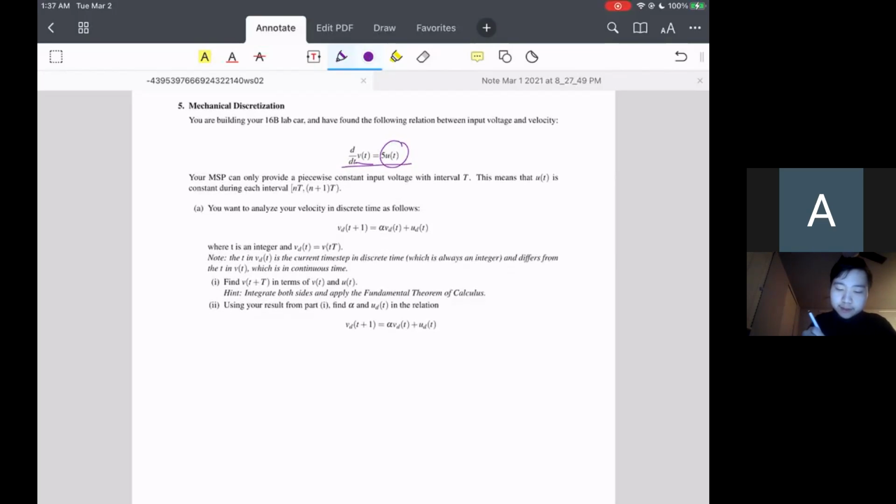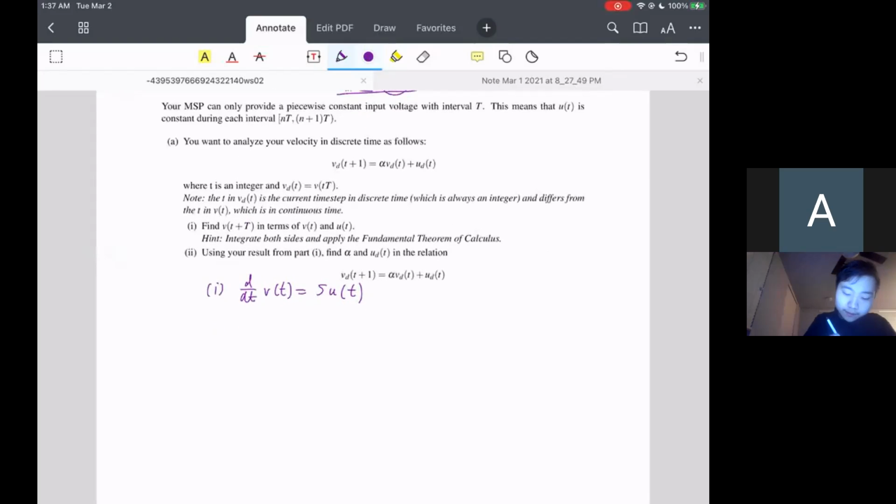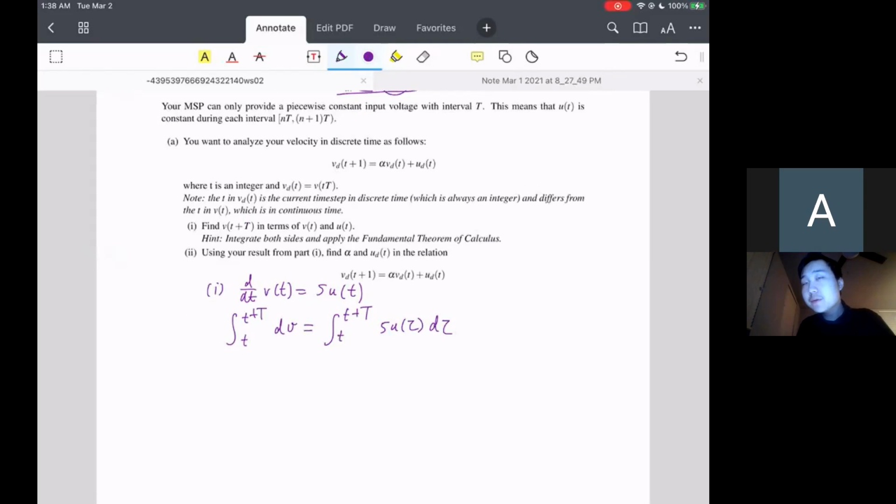So we integrate both sides to get the integral from t to t+T of dV being equal to the integral from t to t+T of 5 U(tau) d tau. Note that we have to change from t to another variable because it will look super confusing if we keep using t right here.